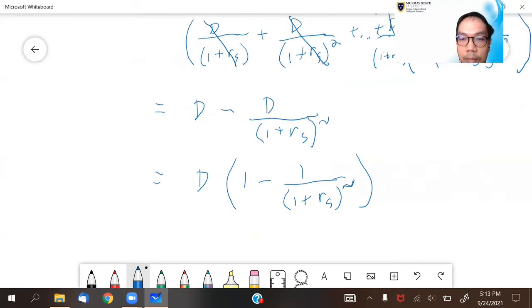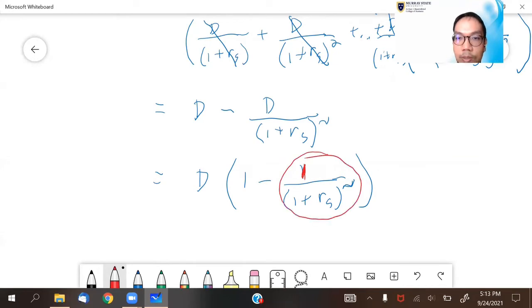And you can imagine, if there is a number 1, divided by 1 plus a certain number compounded to infinity, then this will approach 0, right?